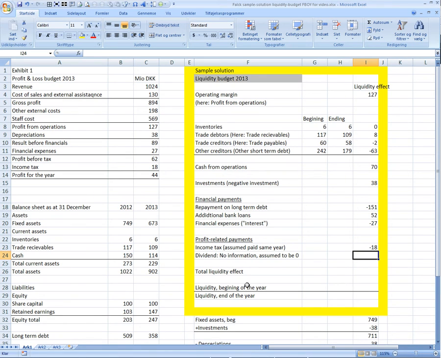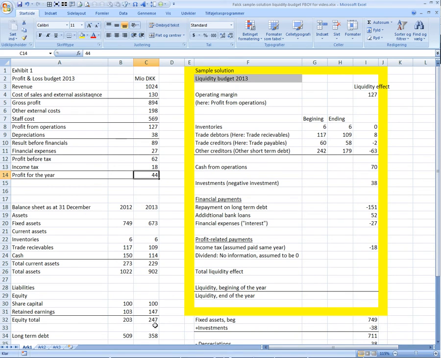And then dividend. There's no information about dividend in this exercise. So how can we make a conclusion? Well, that's one of the more tricky things together with the investments. But you had profit of the year after tax 44 million, and generally net profit could be used to pay dividend, or it could be left in the company. And if it's left in the company, it would go into what we call retained earnings.